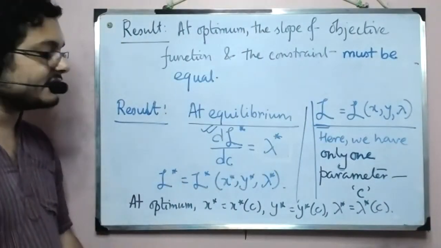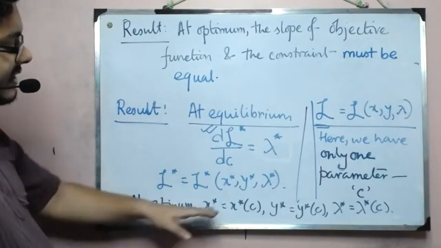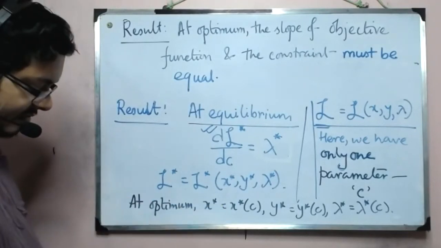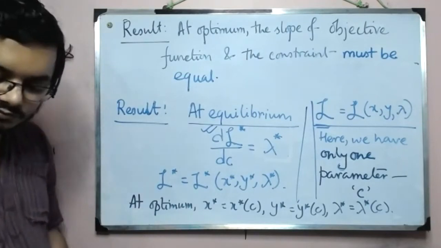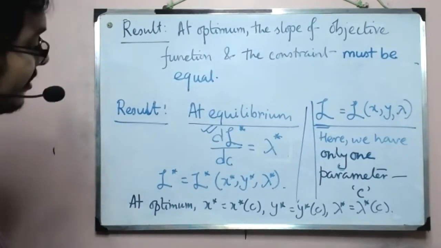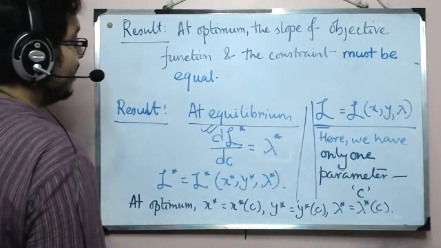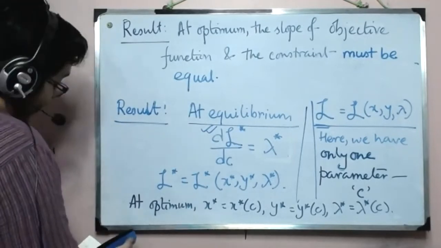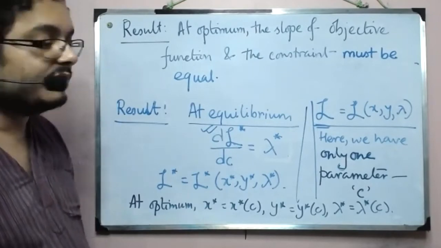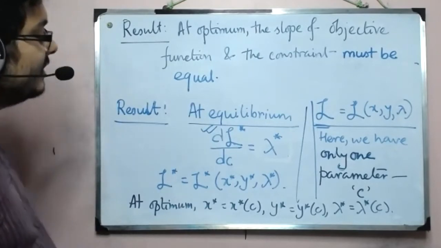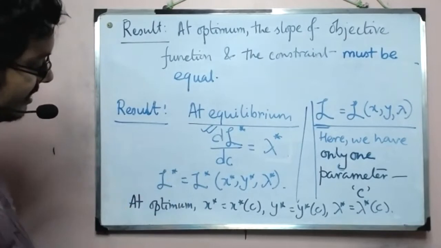That's what it tells us. Now, given this information, what we'll be doing is pretty simple. By the use of the implicit function theorem, we are going to get this comparative static result.